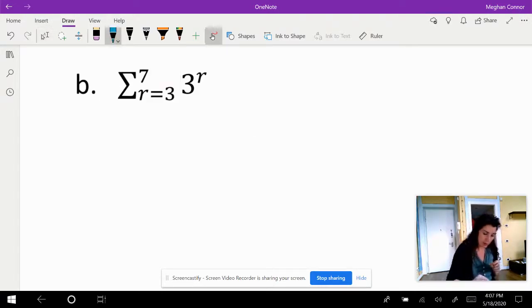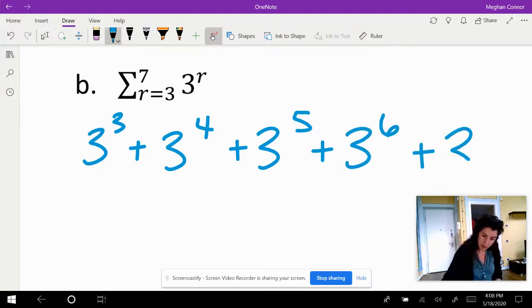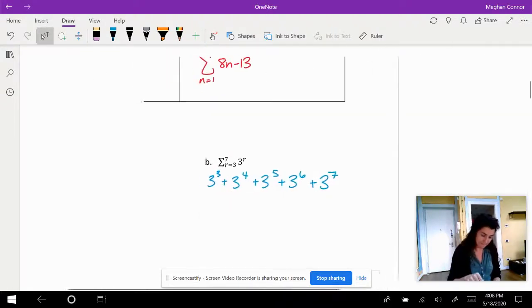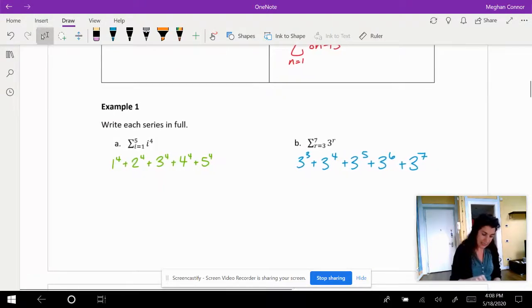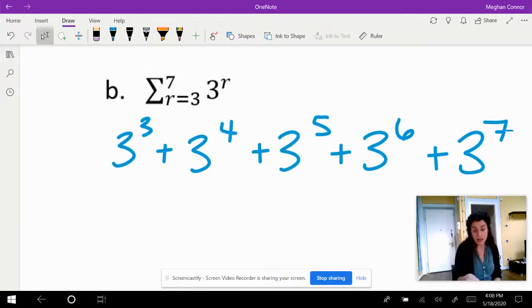Okay, this one. We're starting with 3 and ending with 7, and it's 3 to the r. So that's going to be 3 to the third power plus 3 to the fourth power plus 3 to the fifth power plus 3 to the sixth power plus 3 to the seventh power. This is a geometric sequence. We know it's geometric because your exponent is your variable, right?